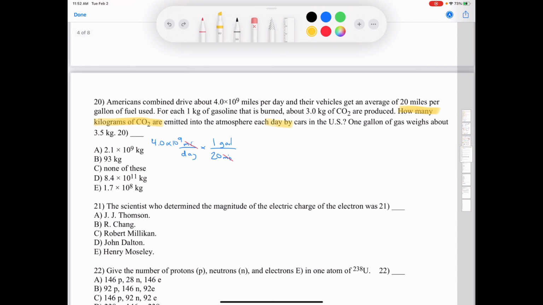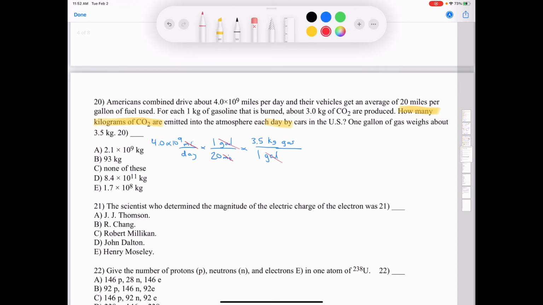Anyhow, now I want to convert the gallons into kilograms of gas. So let's do that. And I know that in 1 gallon, I have about 3.5 kilograms of gas. Okay. And I got that right here, since 1 gallon of gas weighs about 3.5 kilograms. So now you can see that gallons cancel.